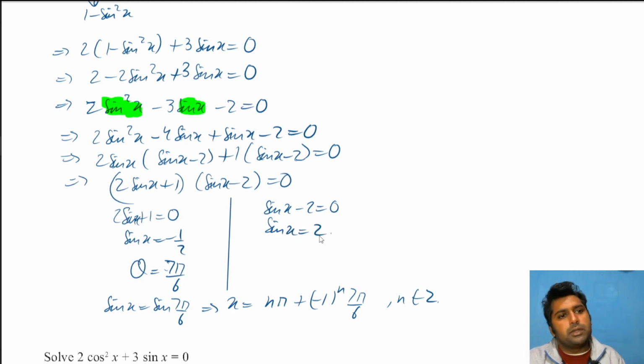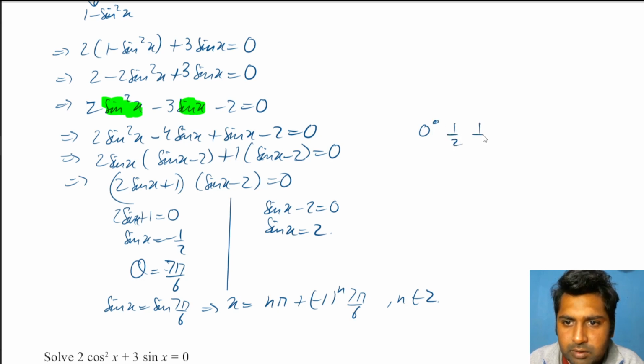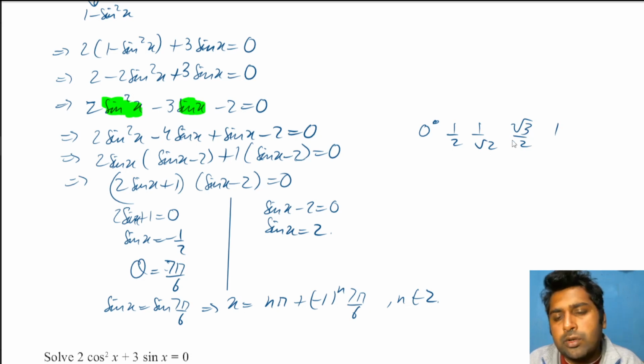Now if you remember, even if we do rotation, go in second quadrant, third quadrant, basically everything is just the same values with positive and negative. Means in your table of sine, you start from 0, then 1 by 2, then 1 by root 2, then root 3 by 2, and last is 1. And even if you go in second quadrant, third quadrant, same values are being repeated with positive and negative.